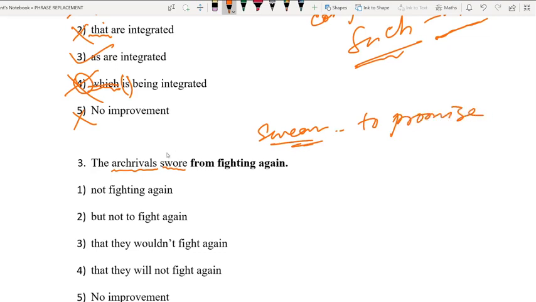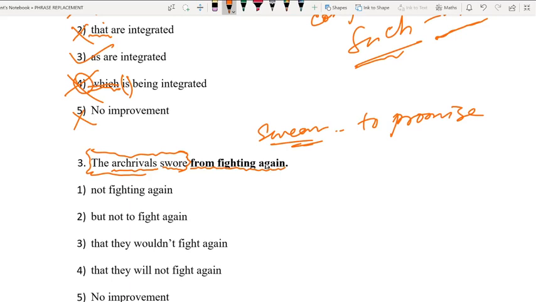So the sentence follows the simple past tense structure, and the main clause has simple past tense. Let us see if the subsequent part is grammatically correct or incorrect. "The arch rivals swore from fighting again." If you place this prepositional phrase "from fighting again" here, then the sentence doesn't give any meaning.